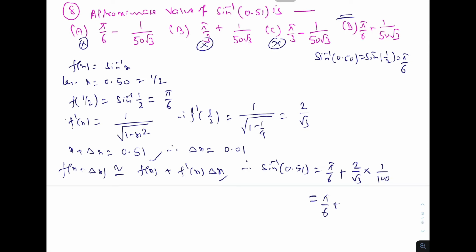So this is pi by 6 plus 1 over 50 root 3, and so option D is the correct answer.